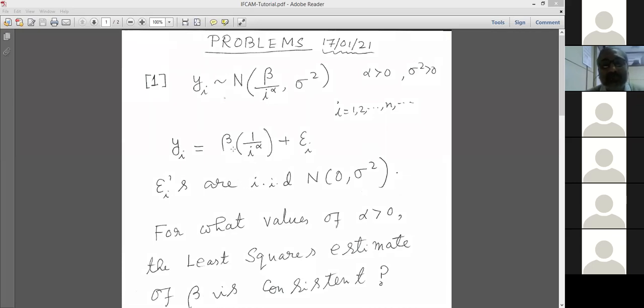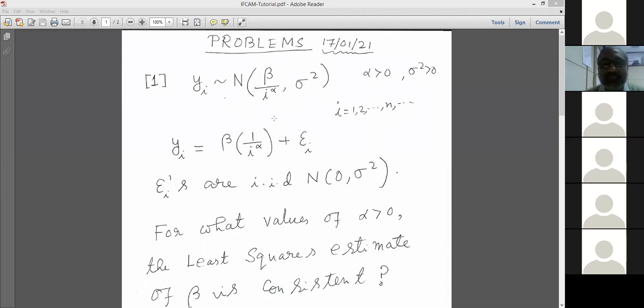So yi is beta times 1 by i to the power alpha. Remember yesterday I was repeatedly telling that these xi's may be fixed or random, but we always treat them as fixed. Here these xi's are actually fixed. So xi is 1 by i to the power alpha, and alpha is positive. And the yi satisfy this distribution.